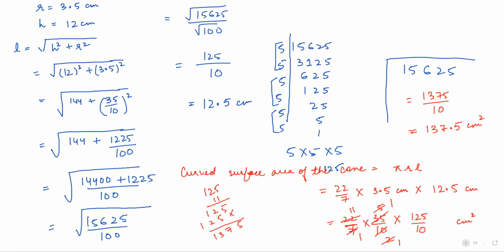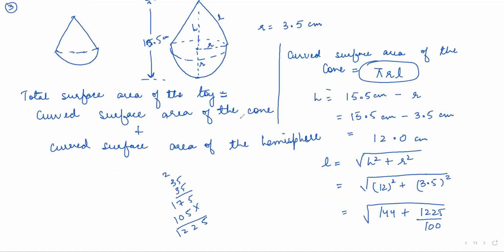Now come back to the previous one. So we have found this curved surface area of the cone. Now we have to find the curved surface area of the hemisphere, right? What is the formula? I'm just writing it here. You can write it properly in your copy. What is the curved surface area of hemisphere? Yes, 2 pi r square.